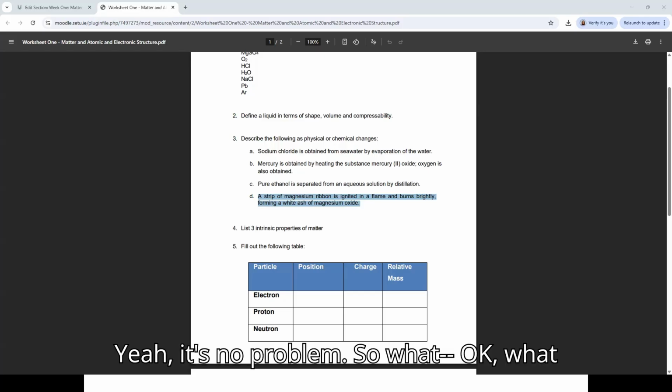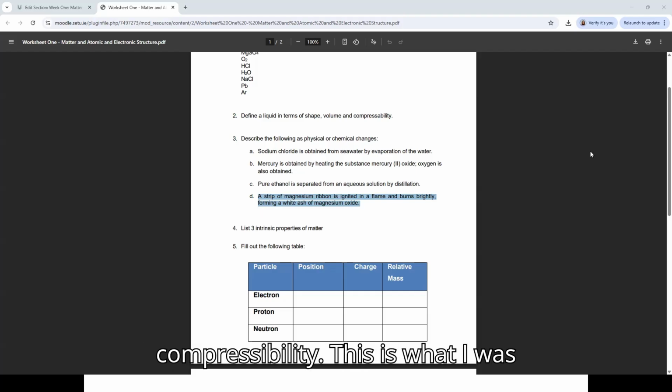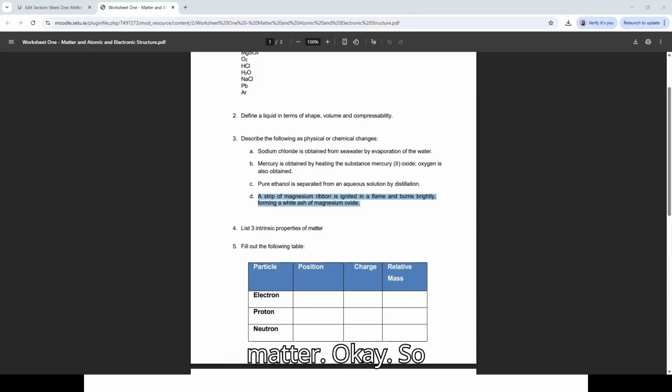Yeah, it's no problem. So define the liquid in terms of shape, volume, and compressibility. This is what I was talking about in regards to the states of matter. A liquid will assume the shape of the container it's in. Not like a solid, it doesn't have that rigid fixed arrangement of particles. The particles are more free flowing.